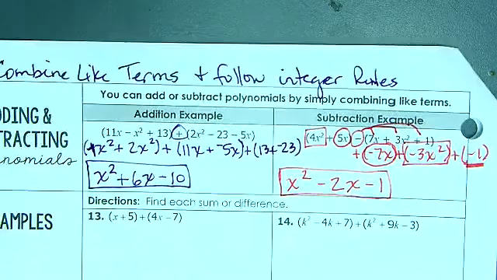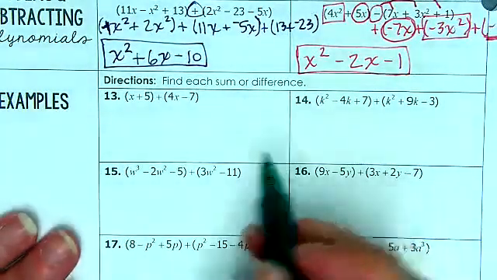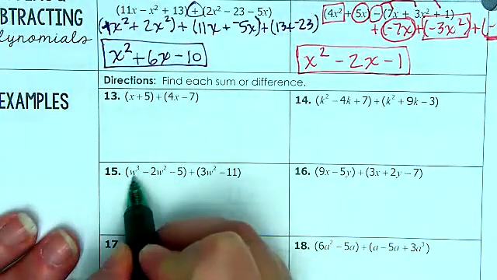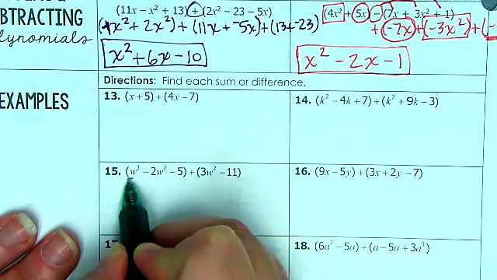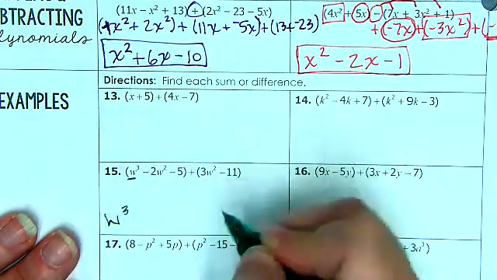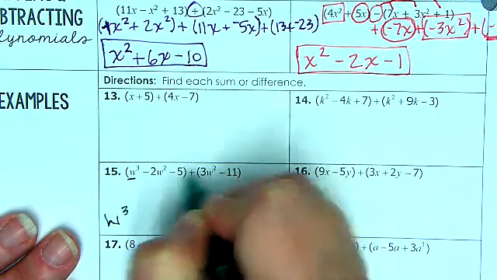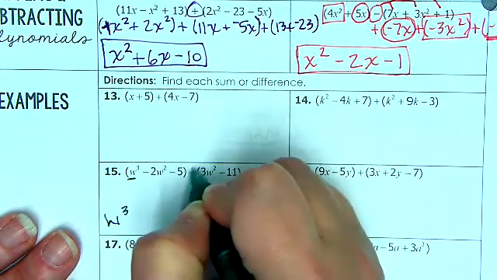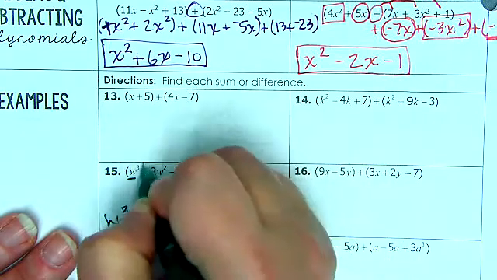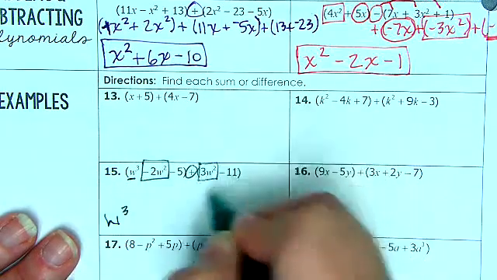We're going to jump down to number 15. And again, we're combining our like terms. What we notice here is always look for the highest exponent first. W to the third. There's not anything to combine that with, so I just write that down. Now I'm looking at my next highest exponent. Pay attention, we're adding here. So I'm going to have negative 2w squared plus 3w squared.